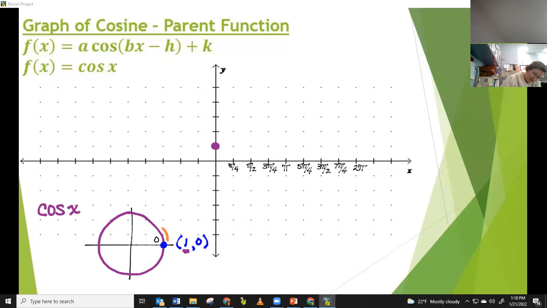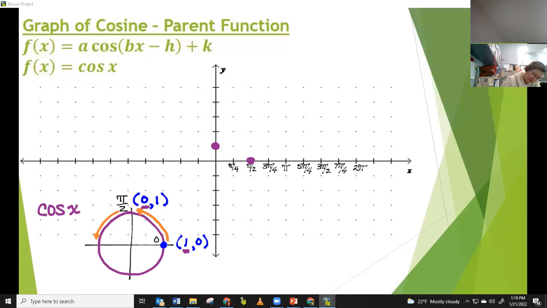Then we're going to travel around the unit circle until we get up here. That's pi over 2. What is the cosine part of this ordered pair? Zero now, because I'm at 0, 1. So after I start off at my maximum, at pi over 2 now I come down to my midline.